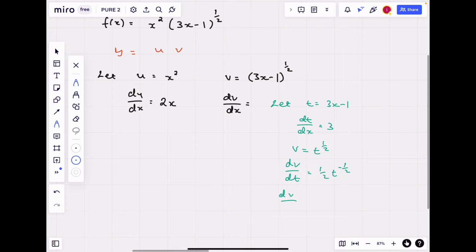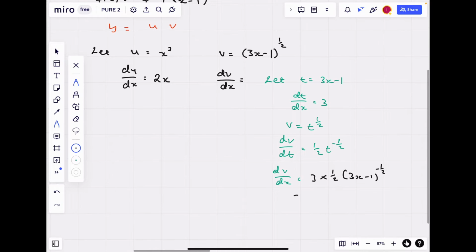So dv by dx would be 3 times a half (3x minus 1) all to the power of minus a half. So 3 over 2, (3x minus 1) all to the power of minus a half. Now we have everything that we need. And now it's just a matter of plugging it in the formula.